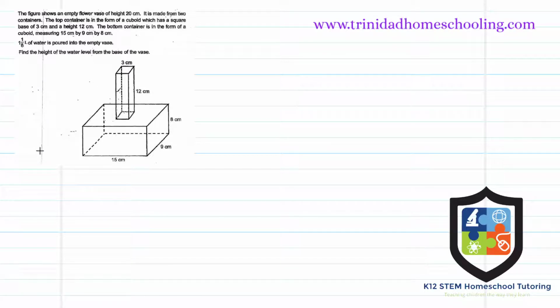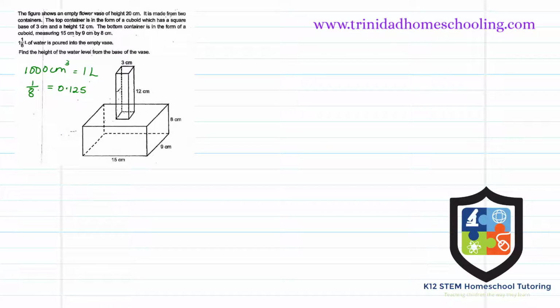Alright, so we're dealing with volume. We have volume here in liters, but we have dimensions in centimeters. So what we want to do is change the volume of water poured into the vase into centimeters cubed. We know that 1000 centimeters cubed is equal to 1 liter. We also know that the fraction 1/8 is the same as 0.125.